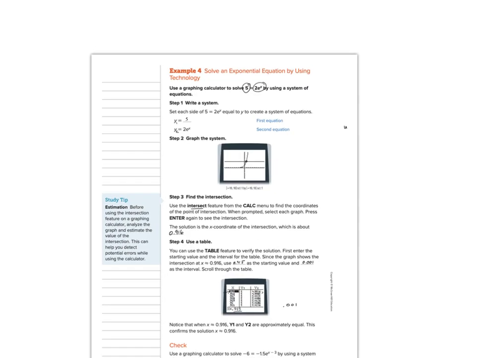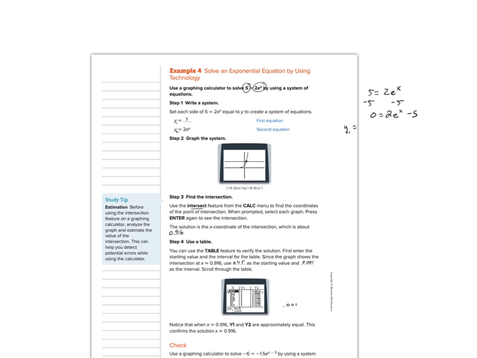Another way would have been to take this, and in y1, remember creating that related function. I would have 5 is equal to 2e to the x power. If I subtract 5 from both sides, you end up with 0 is equal to 2e to the x power minus 5.